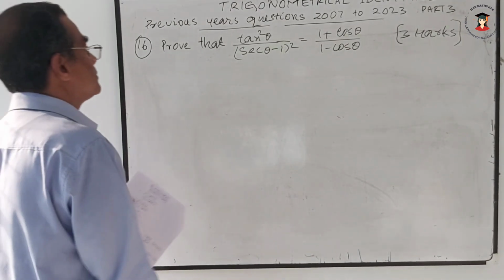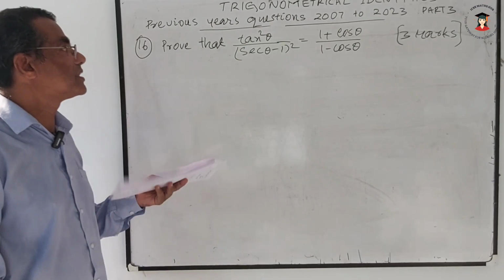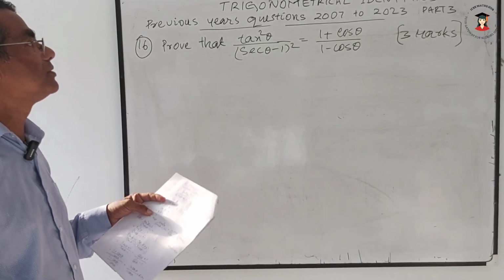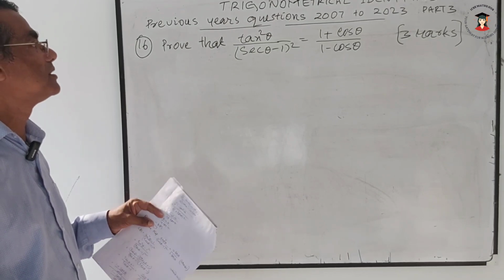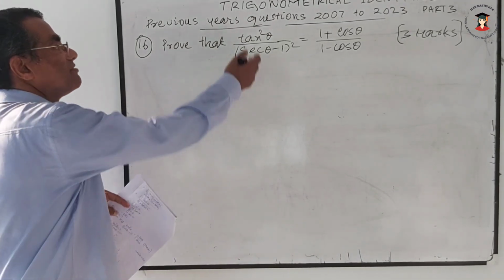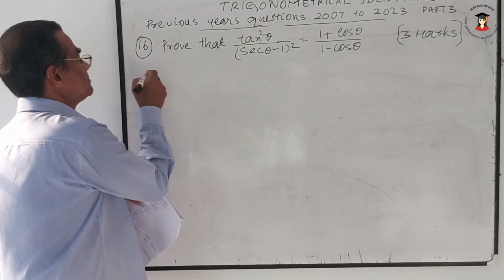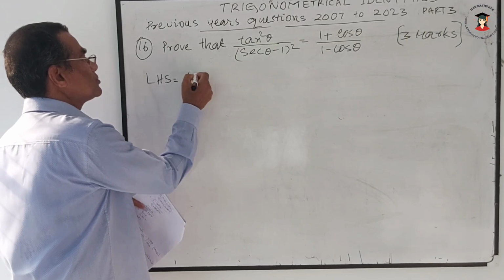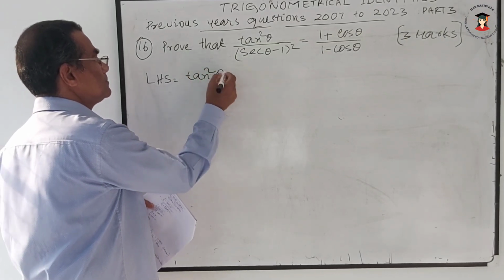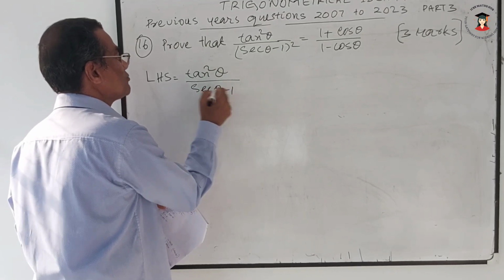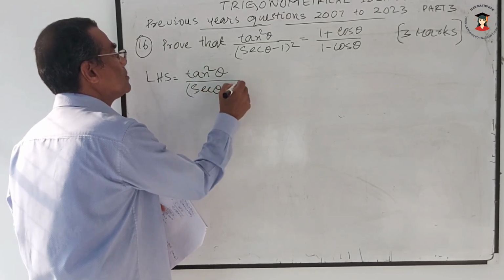Question number 16. Prove that tan square theta by sec theta minus 1 whole square equals 1 plus cos theta divided by 1 minus cos theta. Let us simplify the left hand side. LHS equals tan square theta divided by sec theta minus 1 whole square.